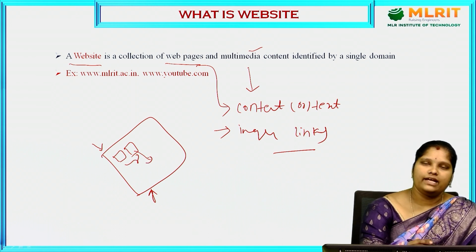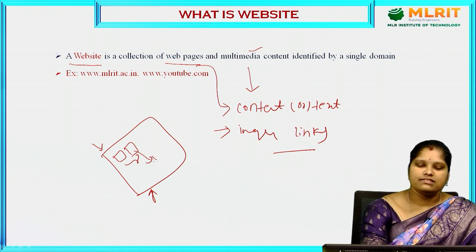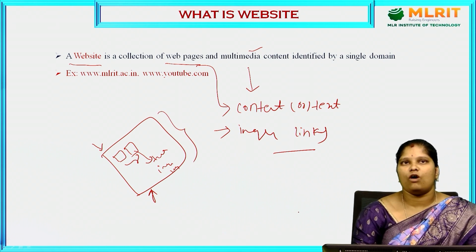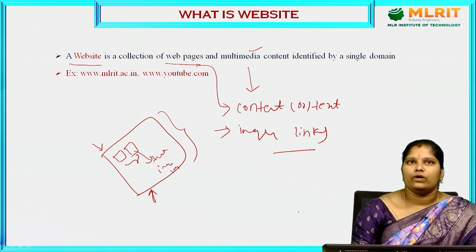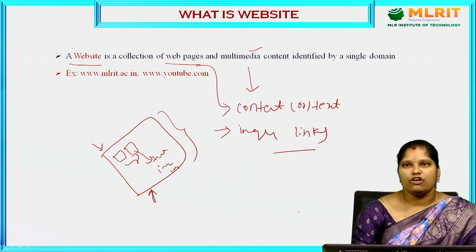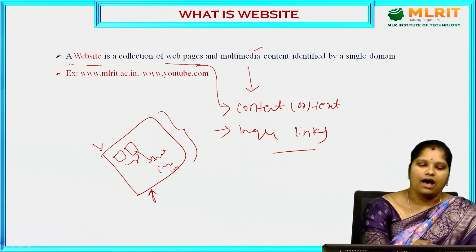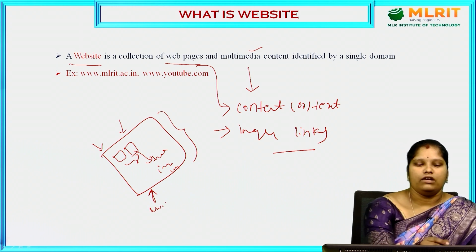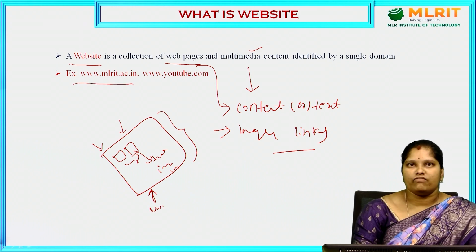These web pages have text, images or links, right? This overall combination of multimedia and web pages is called a website. A website is a collection of web pages and multimedia content, both identified by a single domain, that is www.mlr80.ac.in. This is an example of a website.